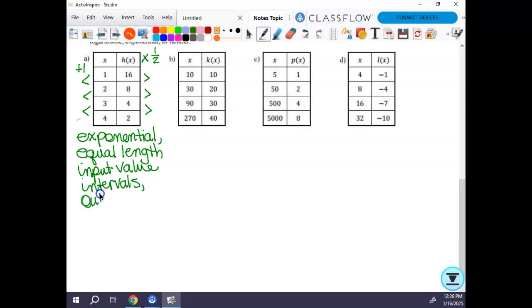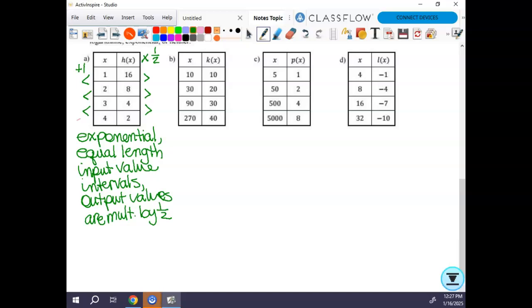And then our output values are multiplied, and you can abbreviate multiplied, by 1/2. So you don't have to say that they change multiplicatively, but you can just say what they're being multiplied by. But for the additive, I mean, you're not going to see it as we're adding 1 each time. That's not the wording you're going to see there. You're going to see something like equal length input value intervals. Okay. What questions we got?